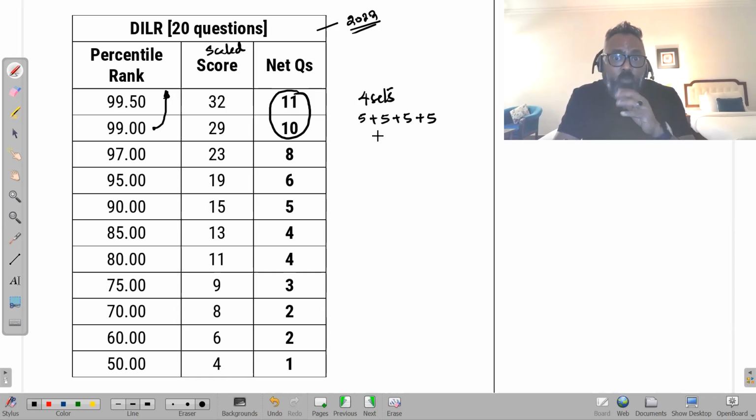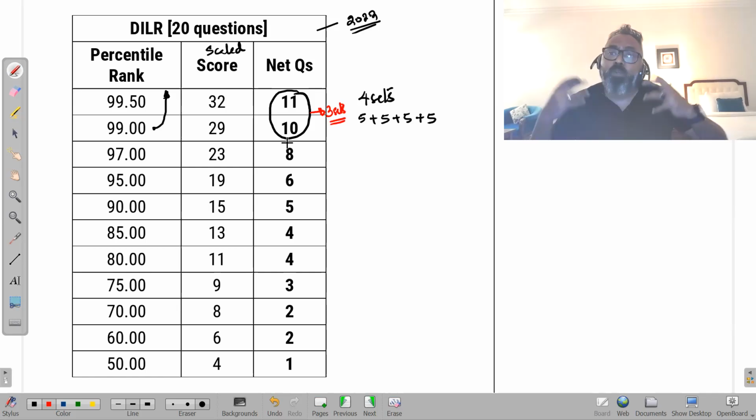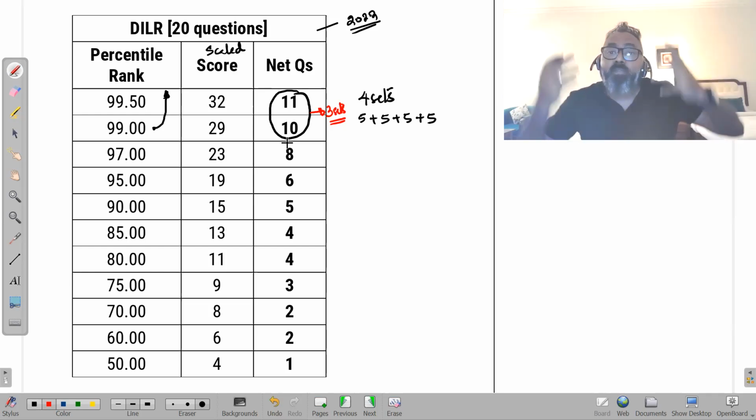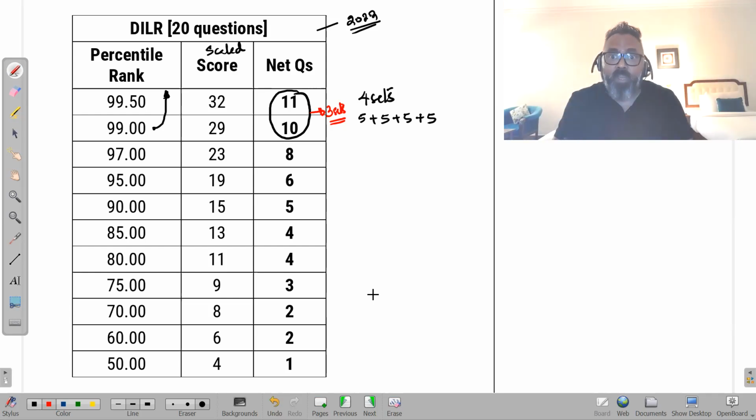Chances are that out of the 4 sets, in this case you are doing 3 sets. Those who were able to do 3 sets with a reasonable amount of accuracy start hitting a pretty high percentile.